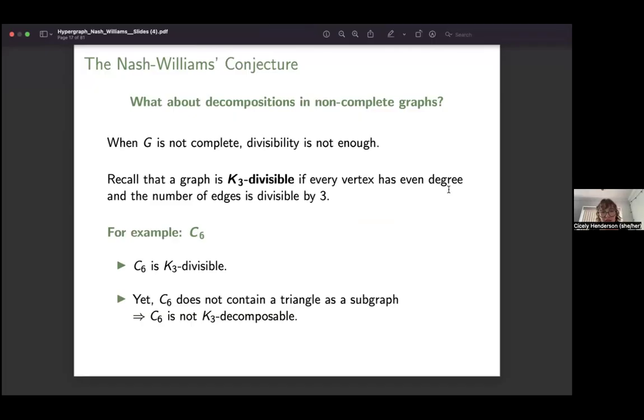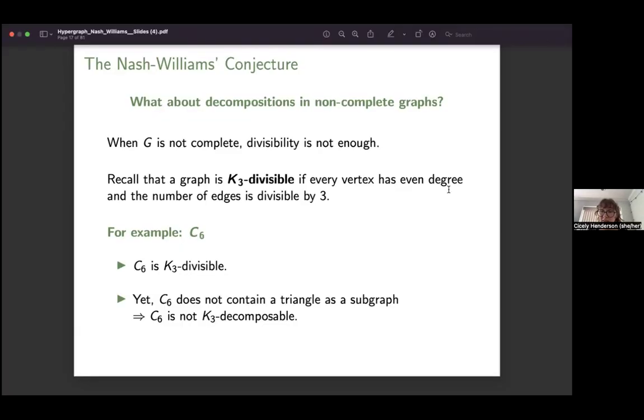Unfortunately, it's not quite as simple anymore, because when G is not complete, divisibility is no longer enough. In particular, a graph is K3 divisible if every vertex has even degree and the number of edges is divisible by 3.